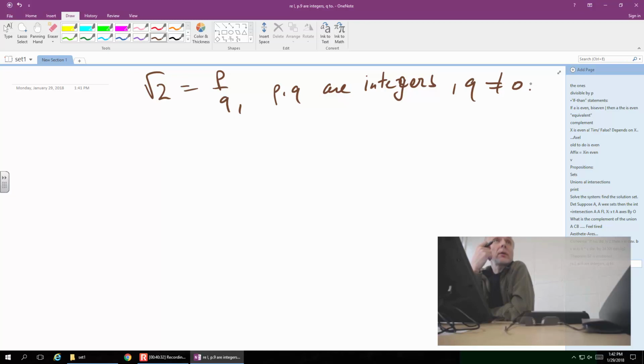Yeah, but p and q could be very large. Yes, but they would reduce down to numbers between 1 and 2. Not necessarily. No? Say 999 divided by 1,000, and you can have as many 9s and 0s as you like, and there won't be any cancellation.